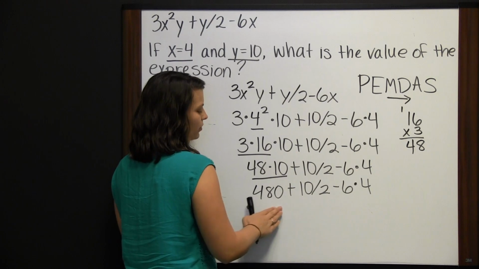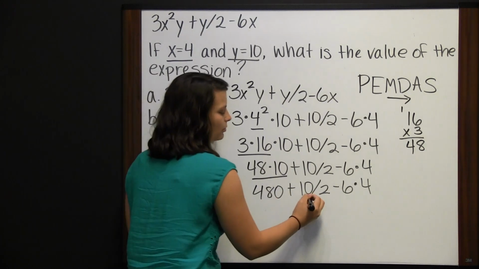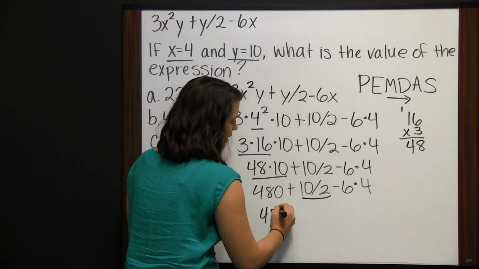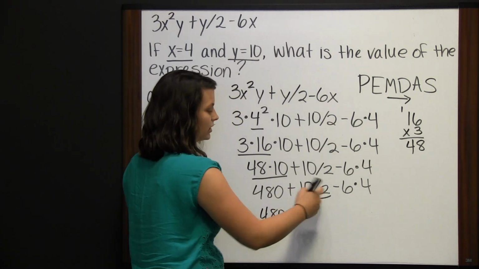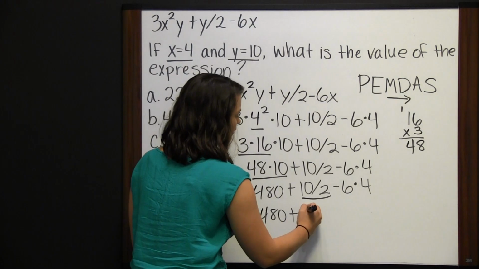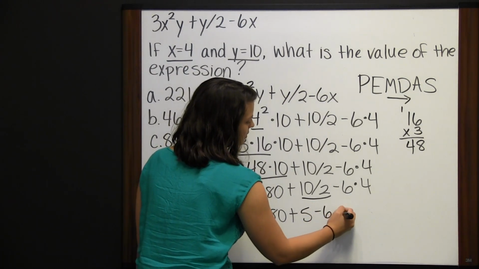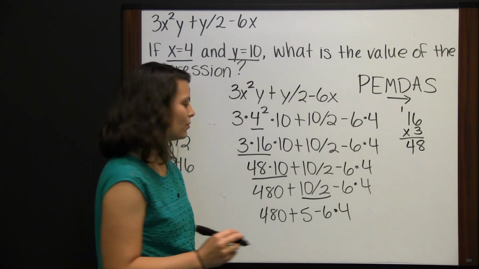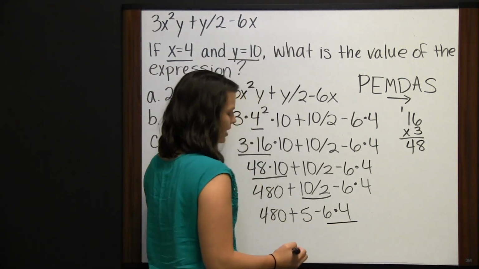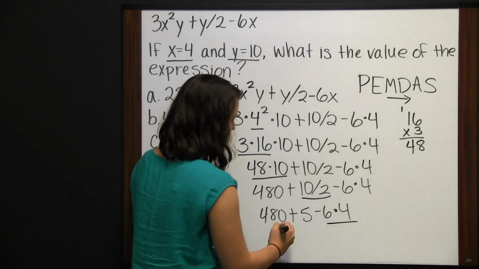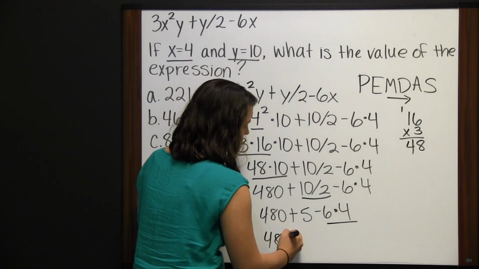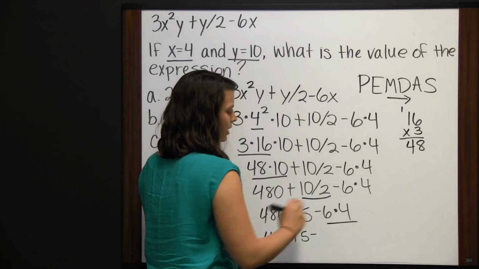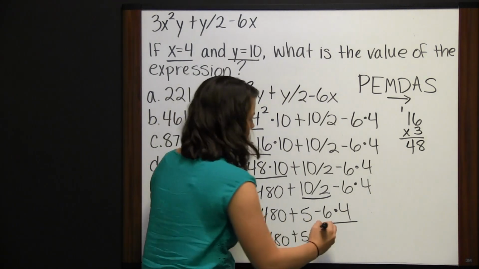We'll move past the 480 plus, and we'll move right on to division. 10 divided by 2 is 5, minus 6 times 4. We have one more multiplication operation to take care of, 6 times 4. So we have 480 plus 5 minus 6 times 4, which is 24.